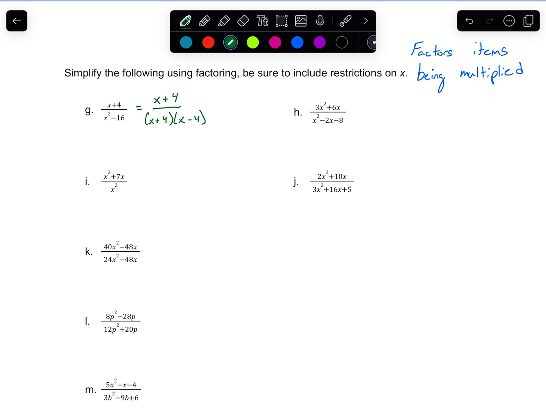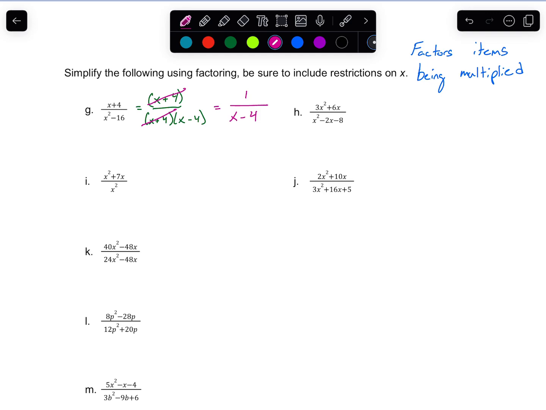Now that I've factored it, I see, and you could think of this as being in parentheses, I have a like factor here because it's just x plus 4 times 1, and a like factor here. So because I have a like factor in the numerator and the denominator, both of these are going to cancel out. So all I have left is 1 in the numerator and x minus 4 in the denominator.